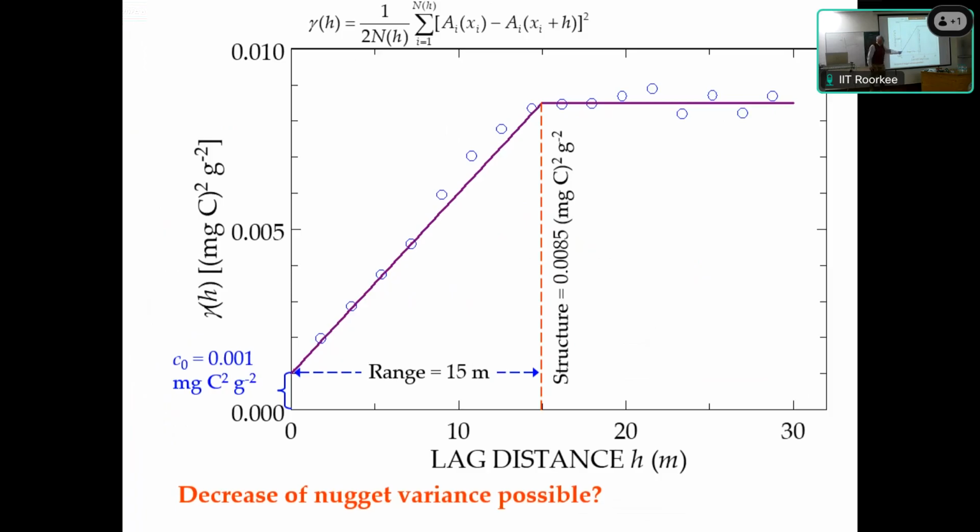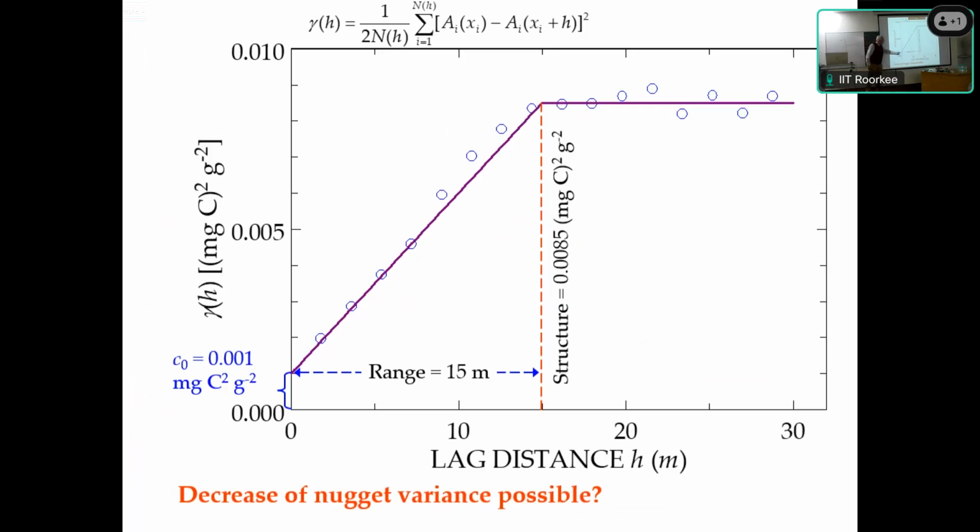For pragmatic reasons, and because we had no clue what we were doing, we had this sampling distance of about 2.5 meters along a transect where we took many, many data points. Is it possible to further reduce this nugget variance by bringing it further down with even closer samples? So how do we do that?